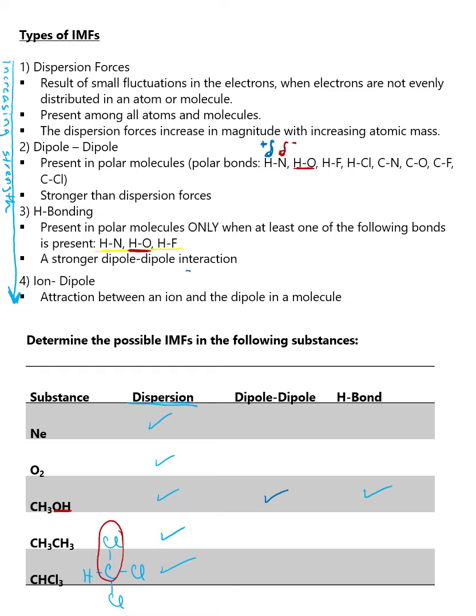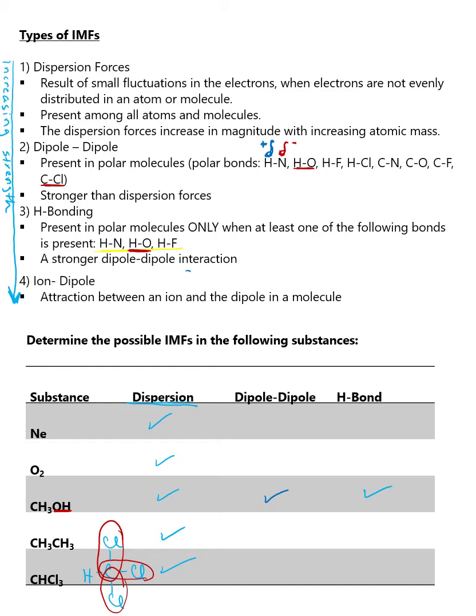Carbon with Cl, it's right here. It is listed as a polar bond. You have a significant difference in electronegativity that will cause your charge separation in that chemical bond, giving you the delta plus and delta minus, not just one, but for all three of them.